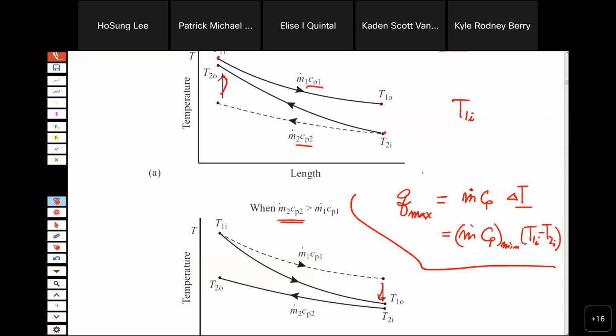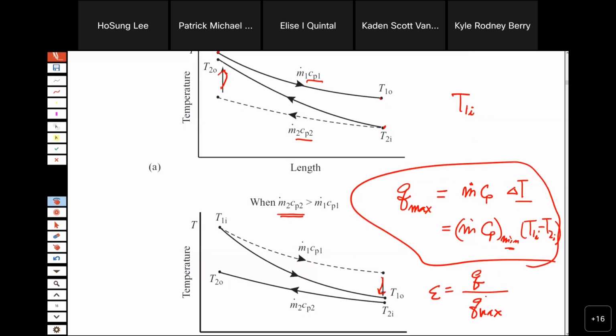You're right. This is actually Cmax and Cmin, figure out. Not the max one. Max is not moving. Min is moving. You see that? So once you figure that out, then effectiveness is Q max over Q actual.